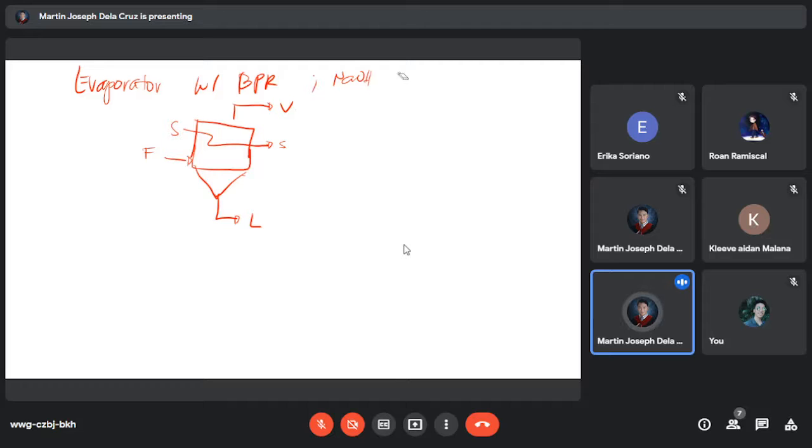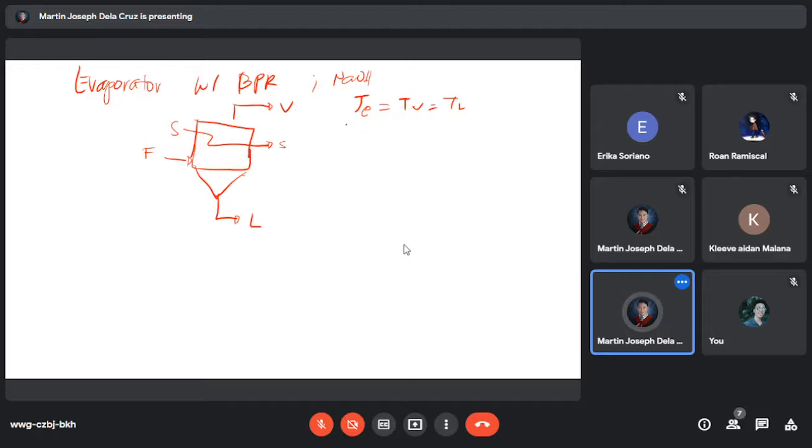Pressure or temperature. Okay? So pag given ang pressure or temperature ni evaporator or condenser, hindi siya yung temperature or pressure din ni vapor at saka ni liquid class. Okay? So di ba pag without boiling point rise, we have temperature of your condenser or evaporator is equal to your temperature of your vapor or temperature of your liquid.